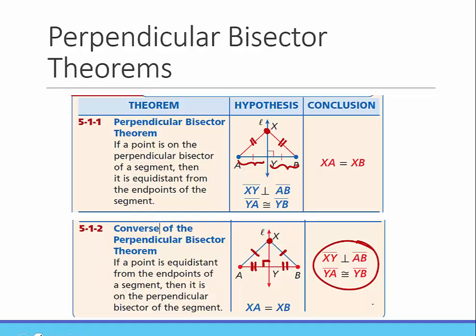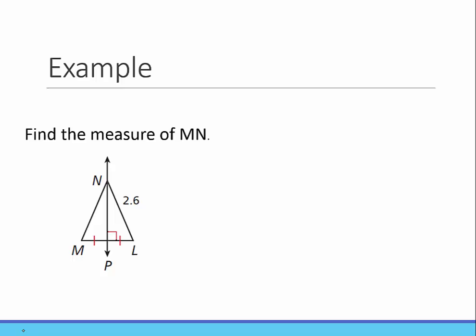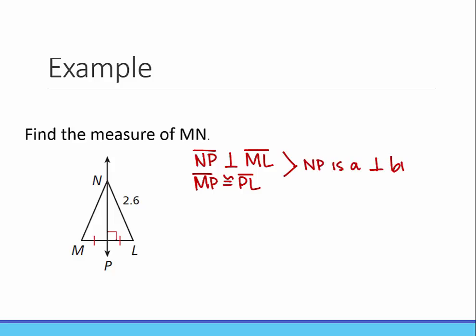So using those two things, let's do a couple problems. First one says find the measure of MN. So right now they're giving us that this NP is perpendicular to ML, and they're giving us that MP is congruent to PL. So this right here tells me that NP is a perpendicular bisector.